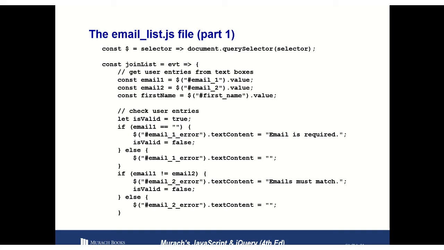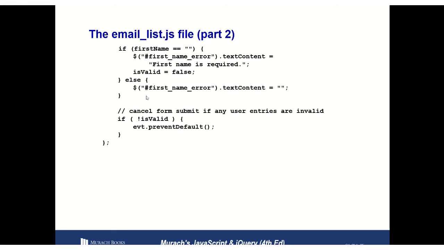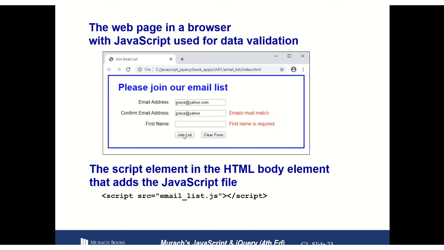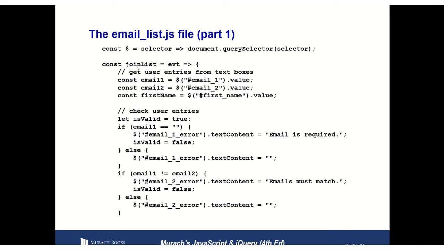The join list here in the second line of the code, this function executes when the user clicks on the join list button. Okay, so basically if you go here, there is a button called join list. So this function is executed whenever you click the join list button.